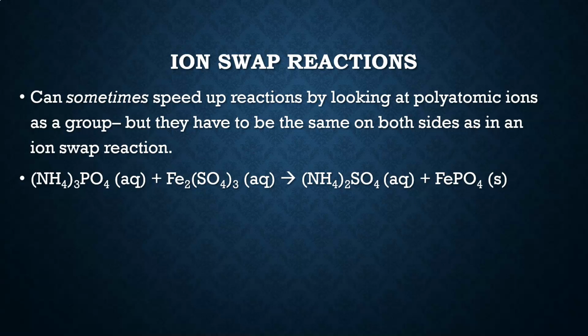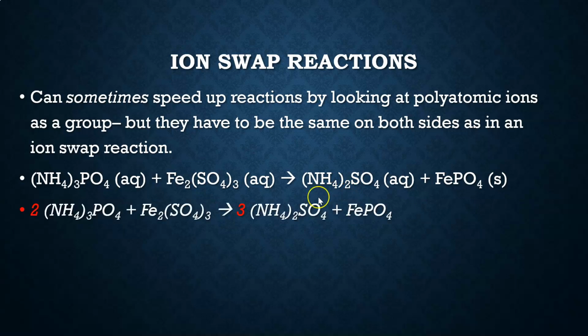So looking at this pretty complicated reaction, starting from the left, I see the ammonium ion needs to balance. There are 3 on the one side and 2 on the other. So I'm going to need to make both sides equal to 6 ions by putting in the coefficients.